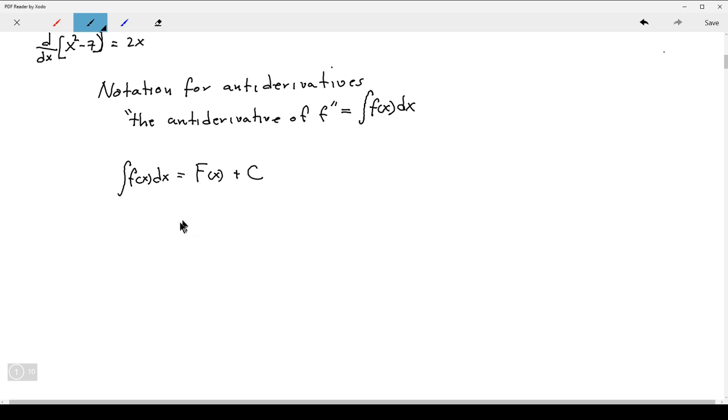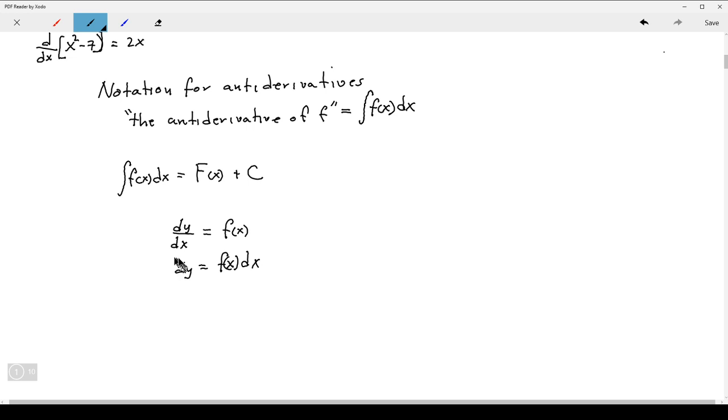So if I have a function that is representative of a derivative, what I can do is look at this as a fraction and multiply both sides by dx. So over here I have dy, and over here I have f of x dx.